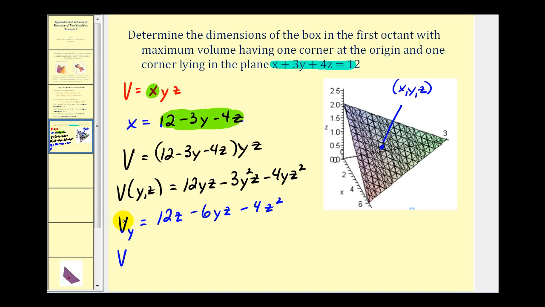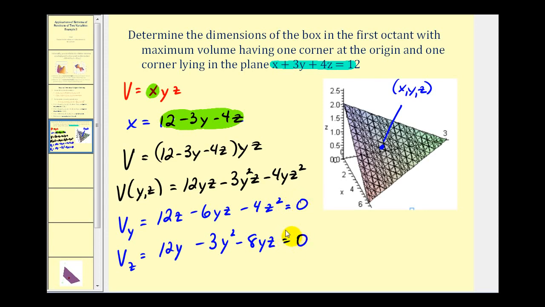And the partial derivative of V with respect to z would be 12y minus 3y squared minus 8yz. And now our goal is to determine what values of y and z make both equations equal to 0 at the same time.